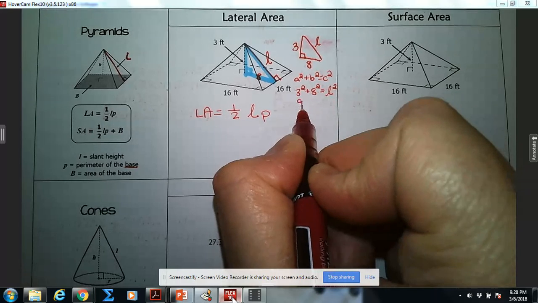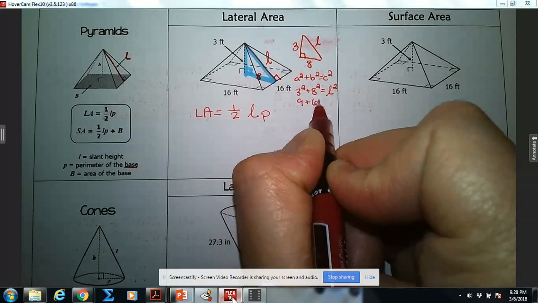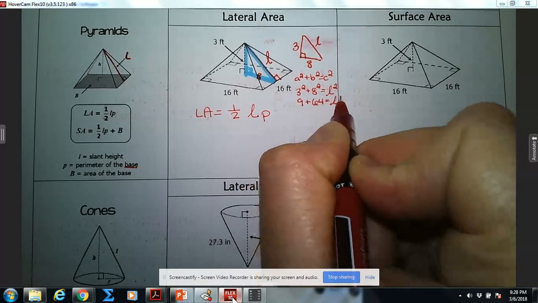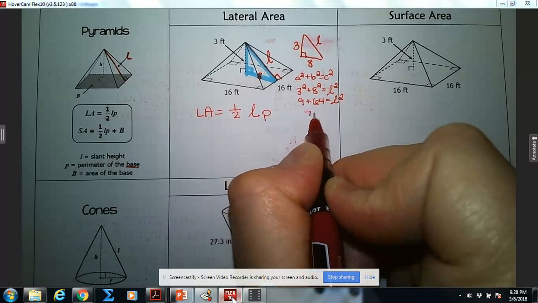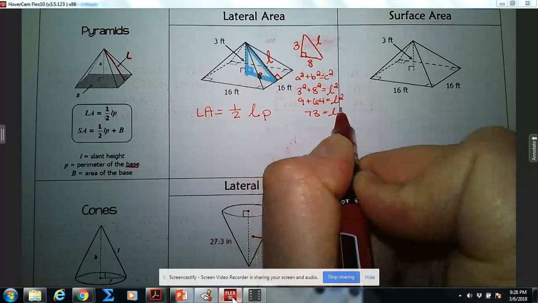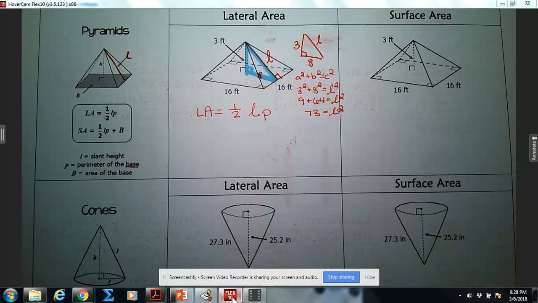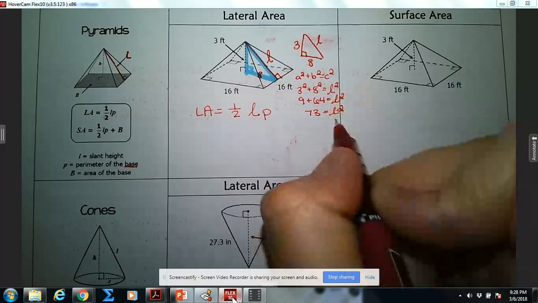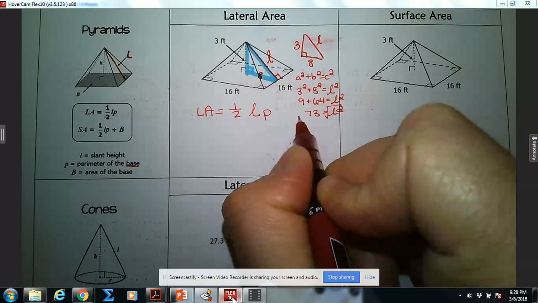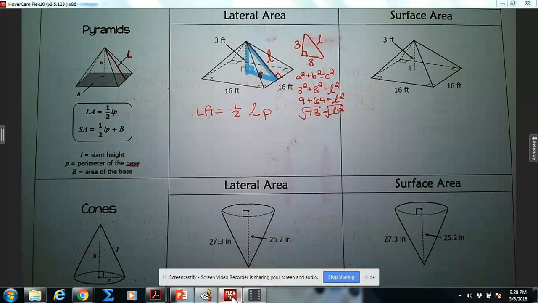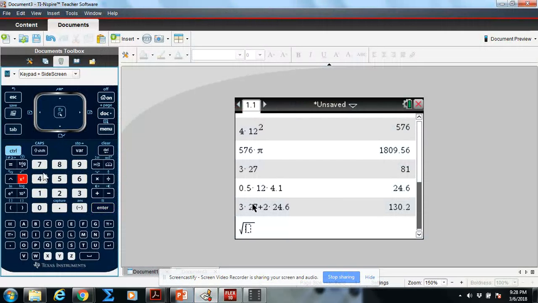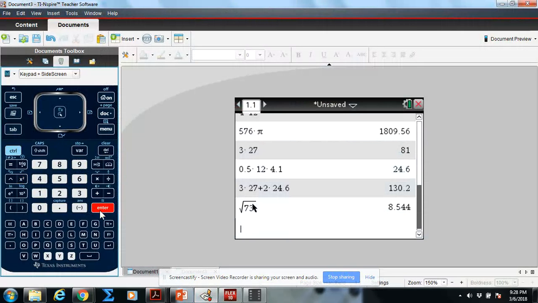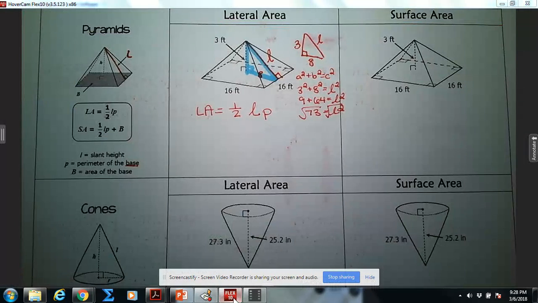3 times 3 is 9. 8 times 8 is 64. 9 and 64 make 73. So the slanted height squared is 73. To find the slanted height, I need the square root of 73, which is 8.544.